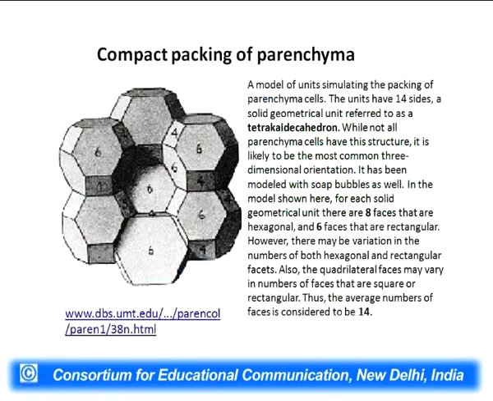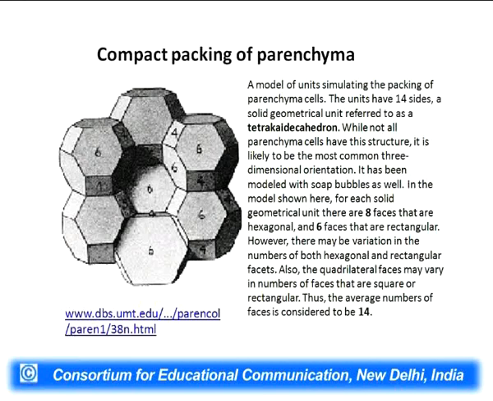The mathematical modeling for the parenchyma cells for complete compacting has been carried out, and it tells you that to have a complete compaction with near globular cells, the cell must have a shape with 14 faces. There are 6 faces which are rectangular and 8 faces which are hexagonal.